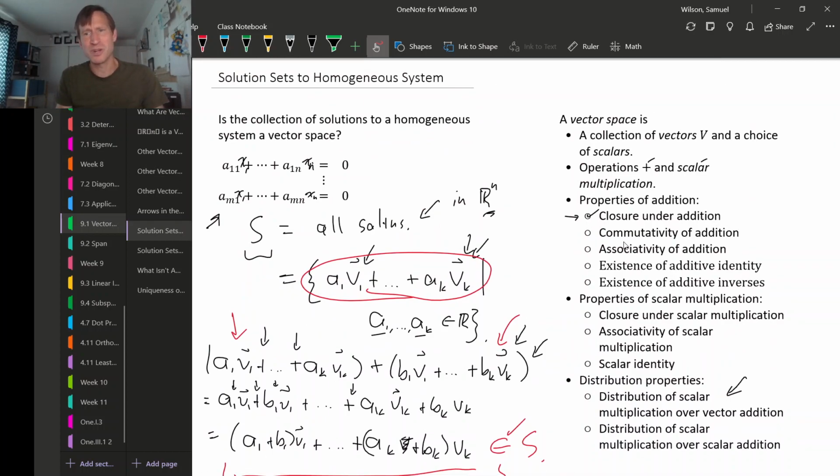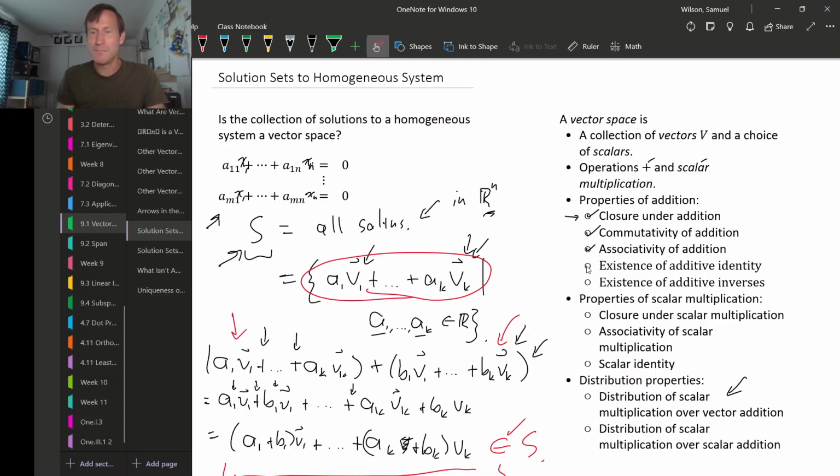That's kind of the hard one. Commutativity of addition, well, we get that for free because we're using the vector addition from Rn. Same thing for associativity. For existence of an additive identity, remember, in Rn, the additive identity is the zero vector. So is the zero vector in this collection of solutions? Well, it is. If you choose all the a's to be 0, you get the zero vector.